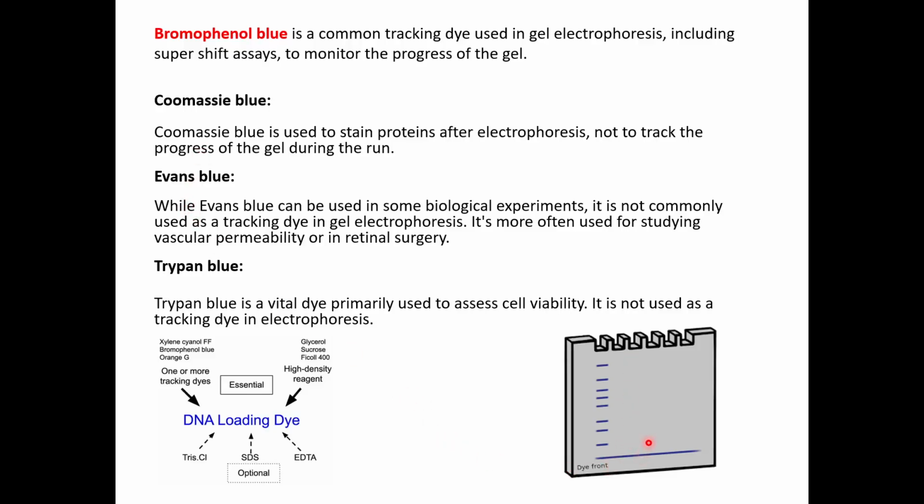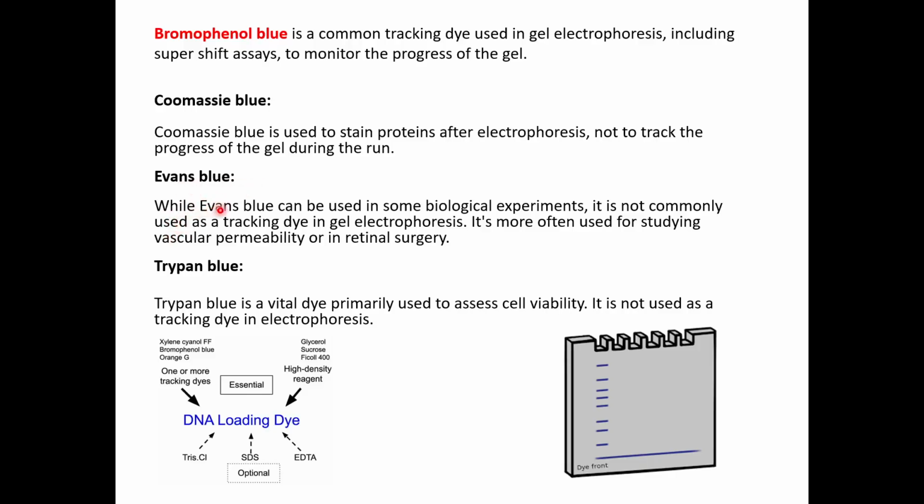Tracking dye is something which will help you monitor how far your lowest molecular weight sample is running along with time, so that you can identify at which particular time you can stop the run and visualize your protein or go for the next step.